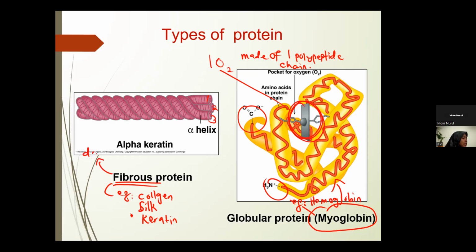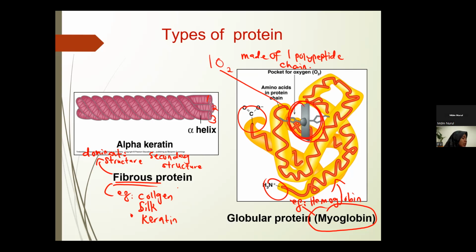Sebab dominant structure dia, dominant structure of fibrous protein ialah secondary structure. That's why you nampak coil structure of collagen and keratin dengan beta and coil folded structure of siapa nama tu?